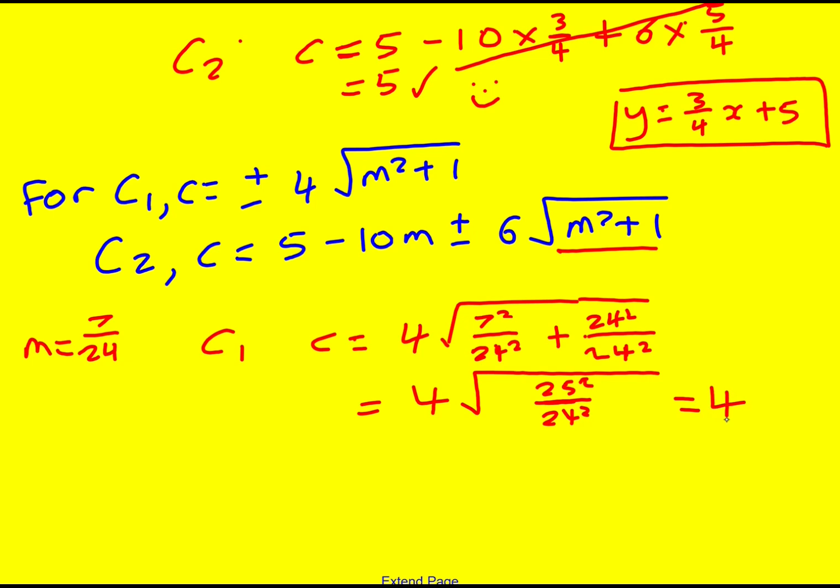Giving me an answer of 4 times 25 over 24. Sorry, I've written so much that I've just started getting lag. Apologies. The 4 partially cancels, leaving me 25 over 6.